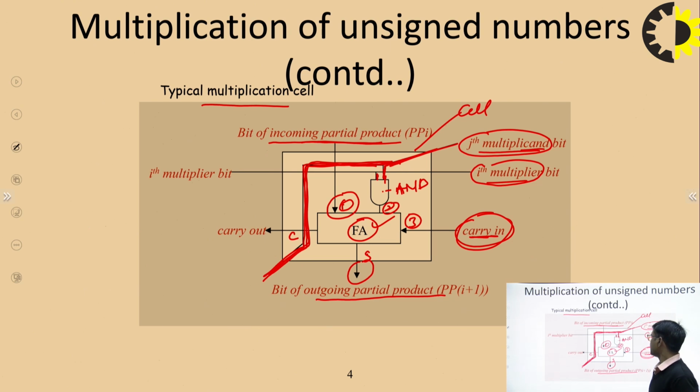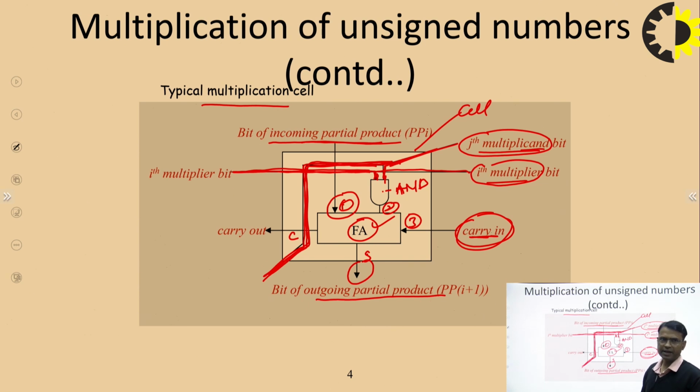Similarly, you can see that the multiplier bit is also used in the AND gate, but it is further forwarded to the next cell towards the left for use in the adjoining cells.